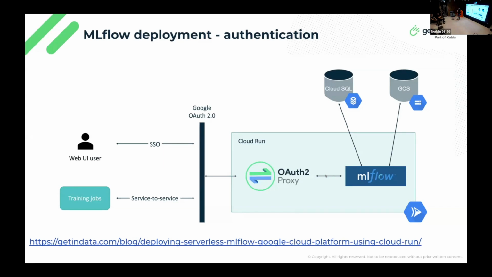So we connect MLflow with the OAuth proxy, and on the other side with our SSO provider like Google. And thanks to that, you will be able to authorize to MLflow via your organization login procedure. You can check out the whole description on our blog. I will probably send this presentation later on, so you'll be able to access it.